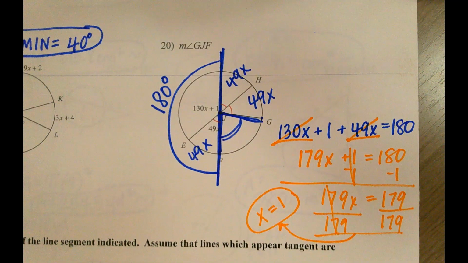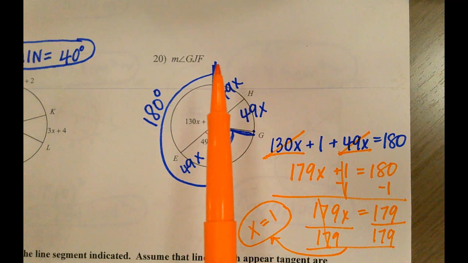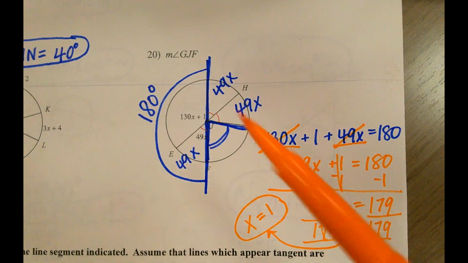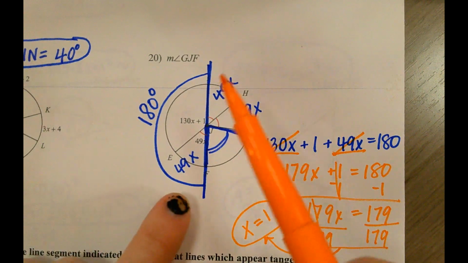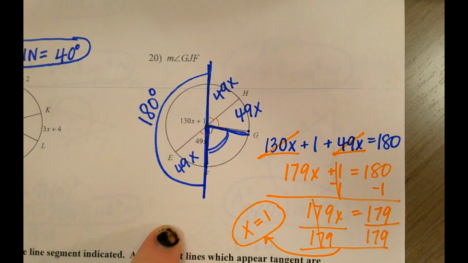Now, here's where this problem gets especially tricky. I don't have a value to plug into to find GJF. I do have other things to plug into, though. Do I have any other diameters in this circle?